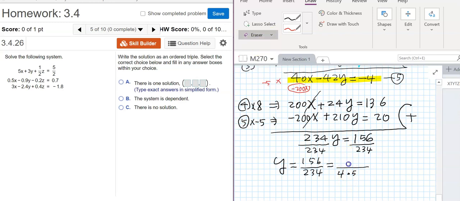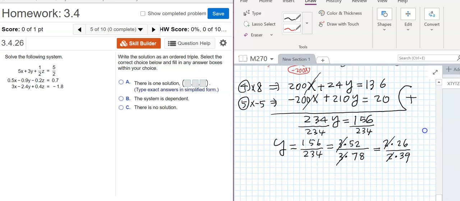So 3 times 52 over 3 times 78. So the 3 and 3 cancel. Then this is just 2 times 26, 2 times 39. So y is 26 over 39.